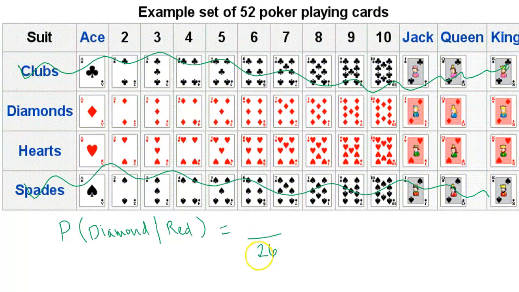Now how many of those 26 cards that it could be, because it's red, are diamonds? That would be 13, because there are 13 diamonds. So the probability that it is a diamond given that it's red would be 50%.